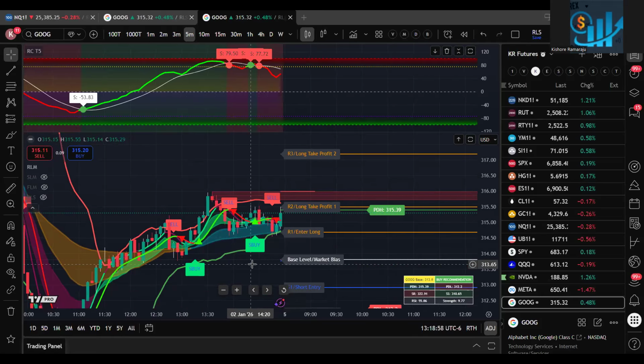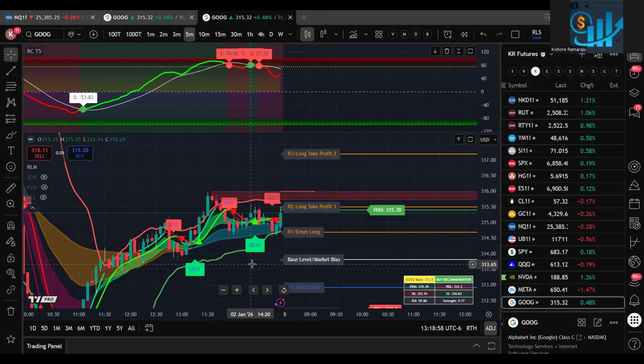So like that, whether it is SPX or ES or whatever it is, with RLM, whenever the market opens, you watch the first 10-15 minutes and you watch the levels. You see whether it is at R1, R2, S1, S2, or is it already at R7, R8, or S7, S8.